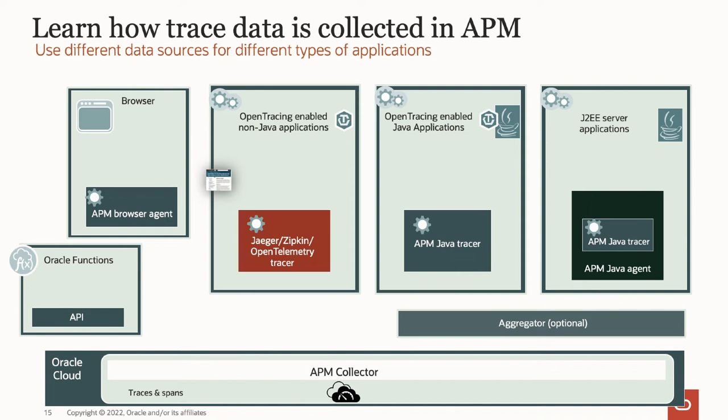APM supports any OpenTelemetry tracers such as Jaeger or Zipkin. In this case, you can use the Zipkin tracer, which is one of the open source tracers. To do so, first you need to write some code to instrument the application with the tracer, which generates spans and uploads the tracing data to APM.